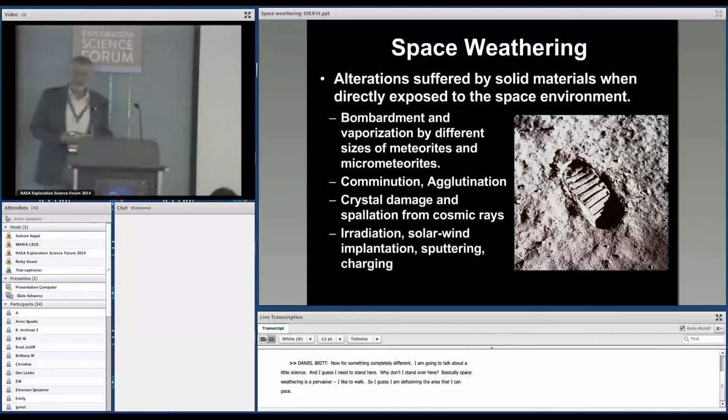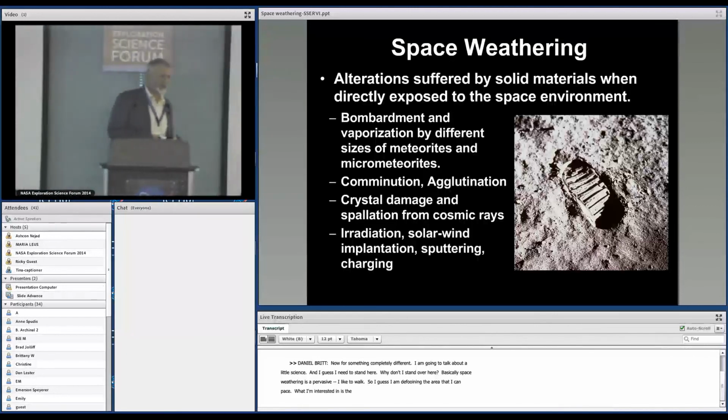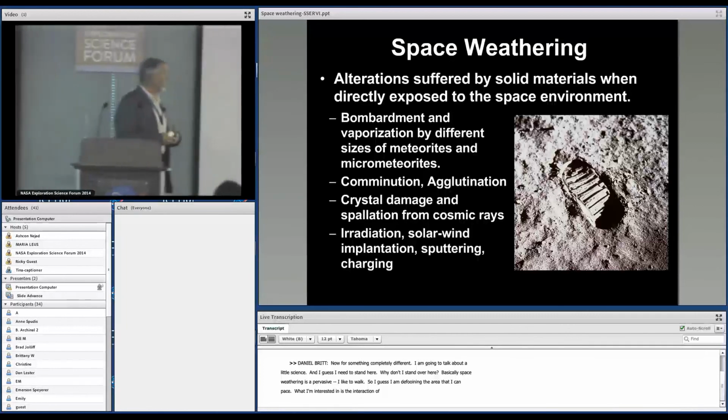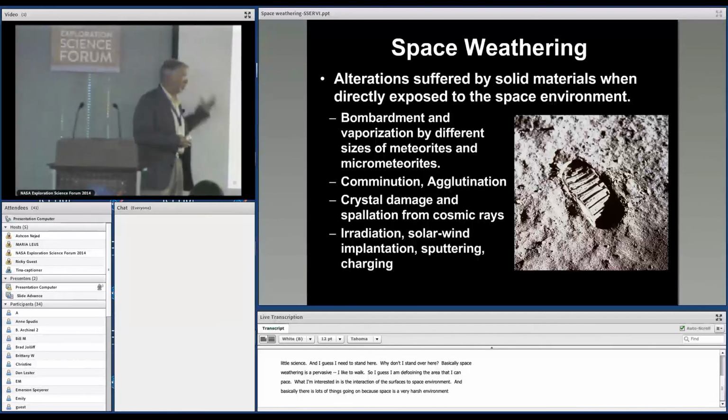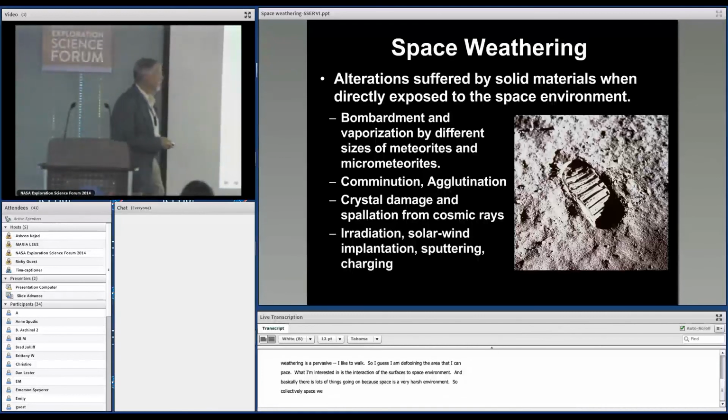What I'm interested in is the interaction of the surfaces with the space environment. And basically, there's lots of things going on because space is a very harsh environment. Collectively, space weathering, as many of you know, is just the alterations suffered by materials when exposed to the space environment. This includes a lot of stuff.